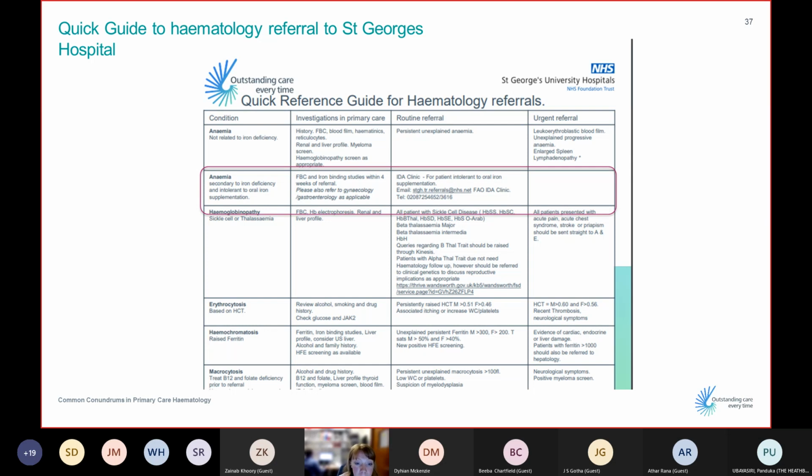And just as a reminder, this does not replace referral to gynecology or gastroenterology as needed. And the IDA clinic have a separate email, which I've included here, and a telephone number. But I will ask Deanne to distribute the quick reference guideline to you after this presentation.